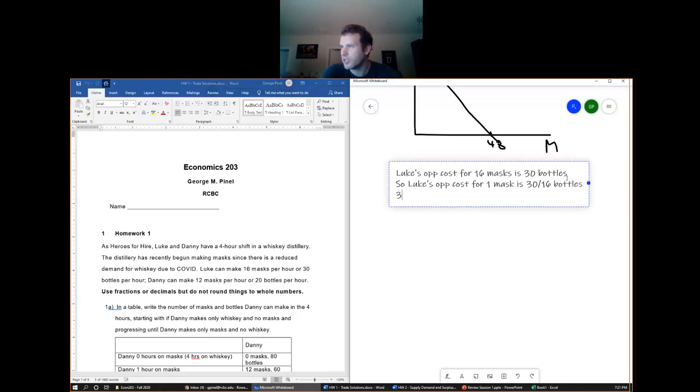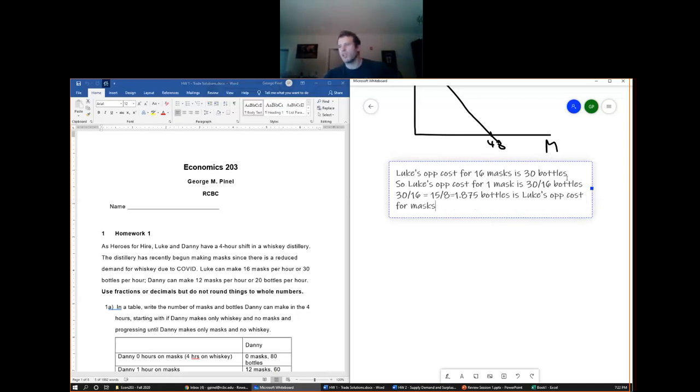We could simplify that to 15 over 8, which comes out to 1.875 bottles. So 1.875 bottles is Luke's opportunity cost for masks.